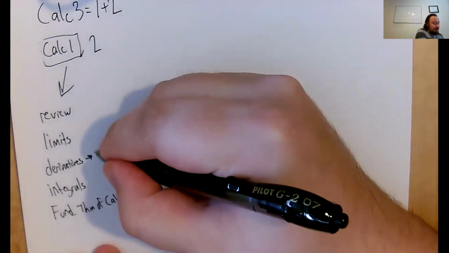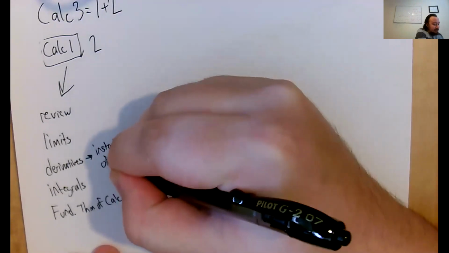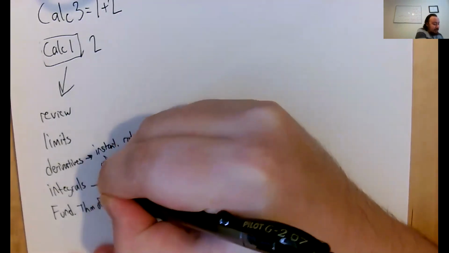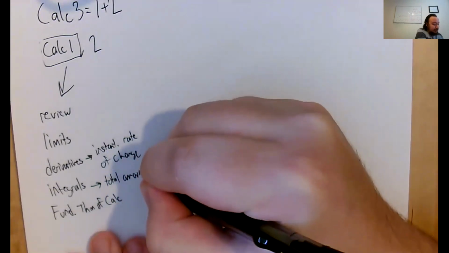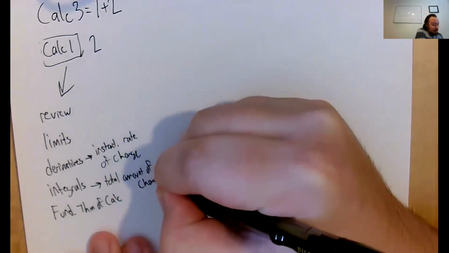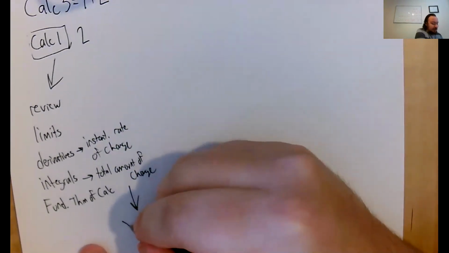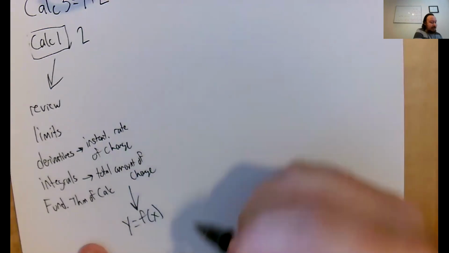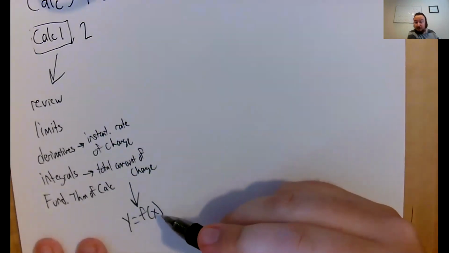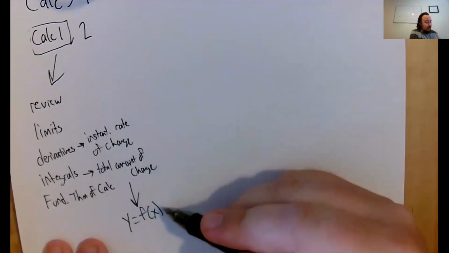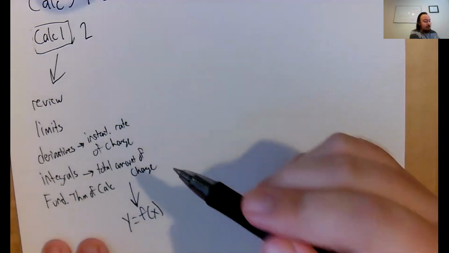Remember that derivatives represent the instantaneous rate of change, and that integrals represent the total amount of change. Now, bear in mind, all of this applied to single variable functions, y equals f of x. So we have one dependent variable, y, and an independent variable, x. We learned about all of this stuff for single variable functions.